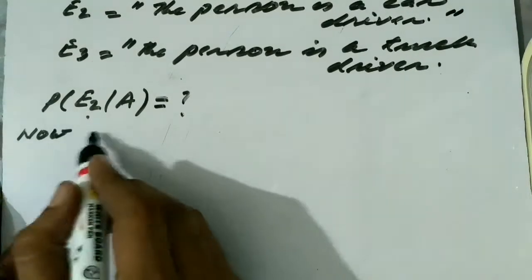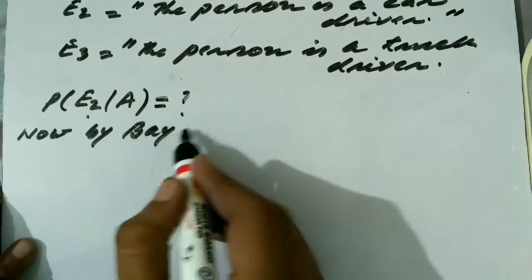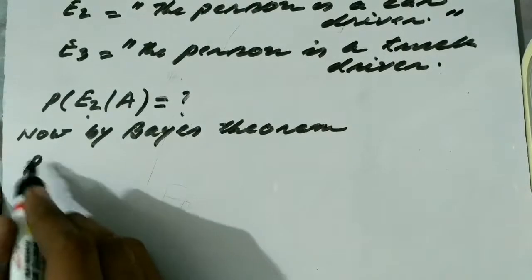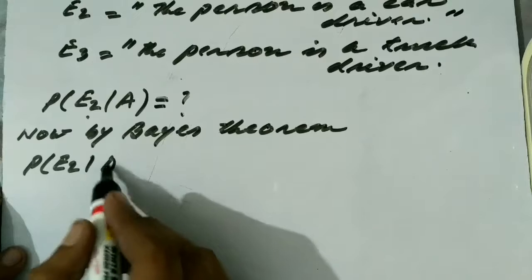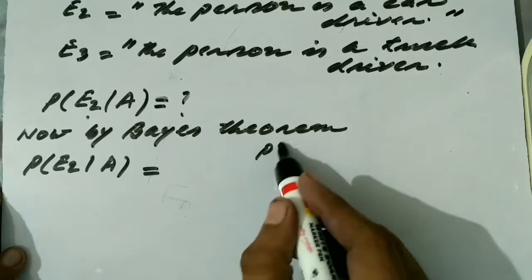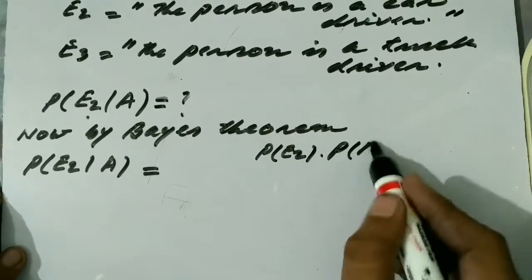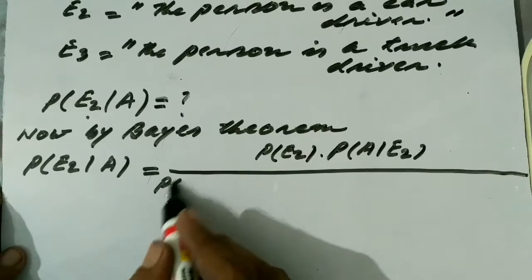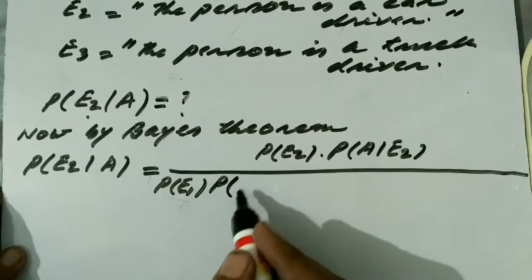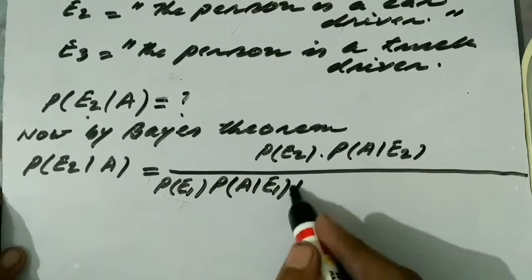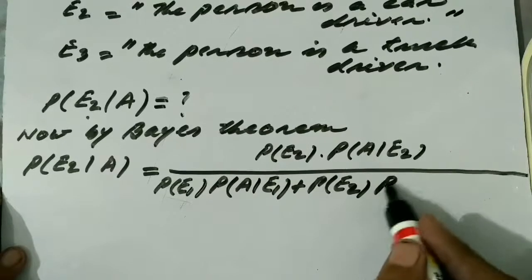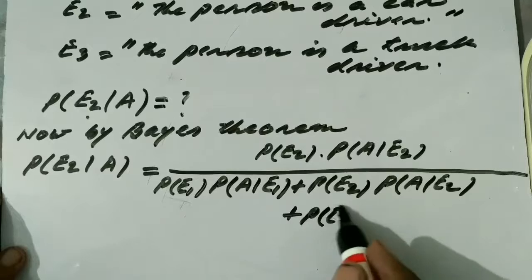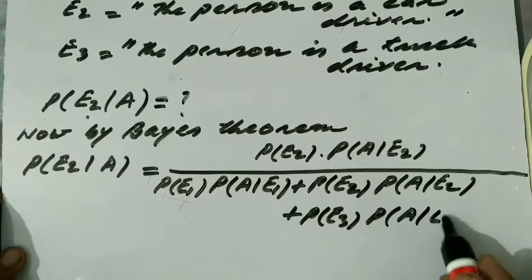Now by Bayes' theorem, P(E2 | A) is equal to P(E2) into P(A | E2) divided by P(E1) into P(A | E1) plus P(E2) into P(A | E2) plus P(E3) into P(A | E3).